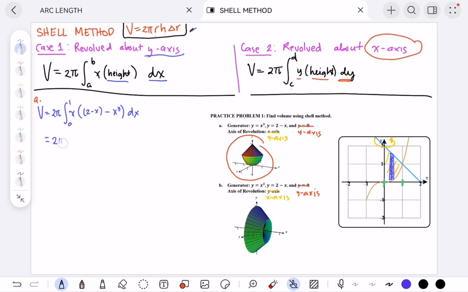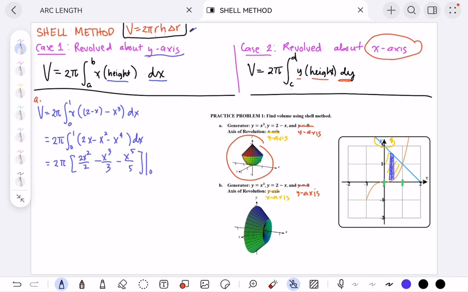So let's continue. I have here 2 pi integral from 0 to 1. Distributing, we have 2x minus x squared minus x to the fourth dx. 2 pi, the antiderivative is 2x squared over 2 minus x cubed over 3 minus x to the 5 over 5.